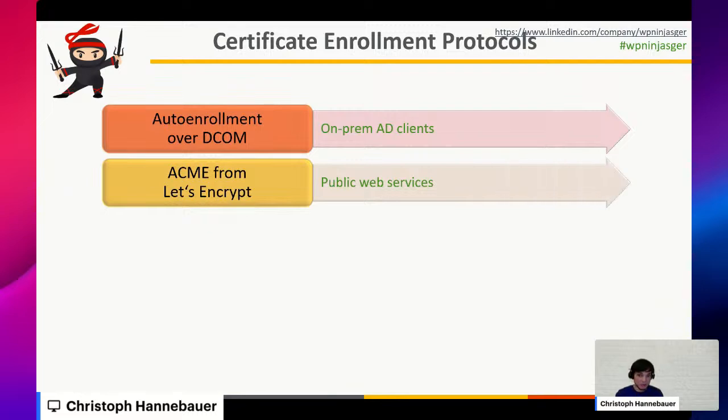Then we have ACME. ACME is also a very nice protocol. It's widely used and you've probably used it before, but maybe you don't know the name. It was invented by Let's Encrypt, and this is what they use to automatically enroll certificates for web services. Nowadays, it's also used in some other places, but the original idea was to enroll certificates for web servers.